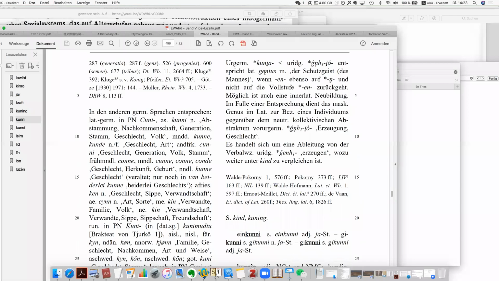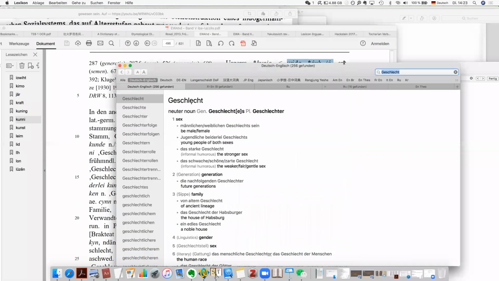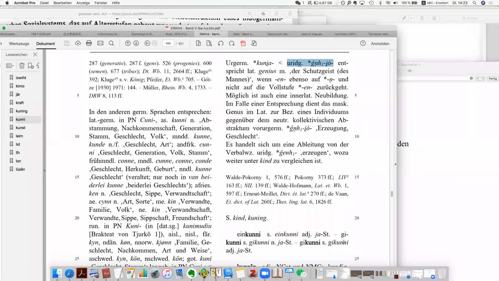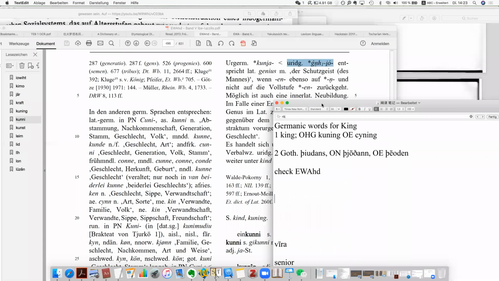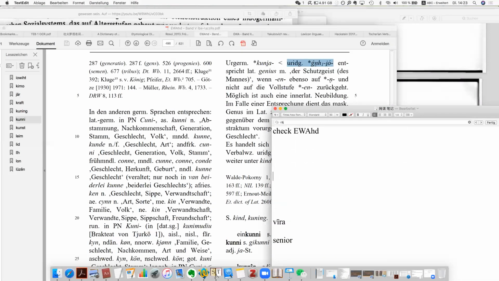And this kunja comes from the Indo-European root called genio. So let's write it here. So we have kuninga, and kuning, and kuning comes from kuni, and this kuni comes from the root.